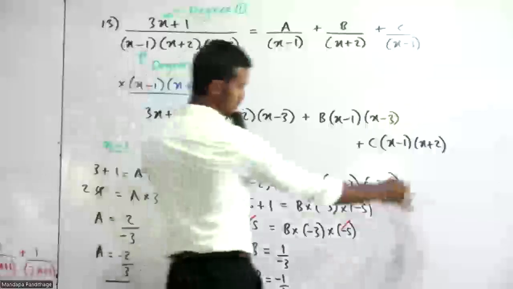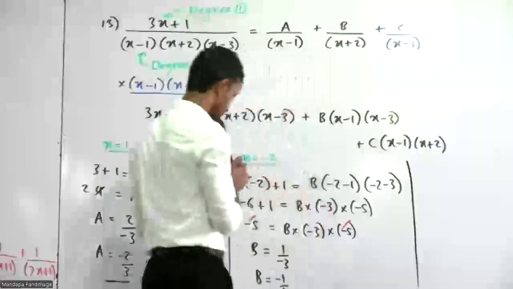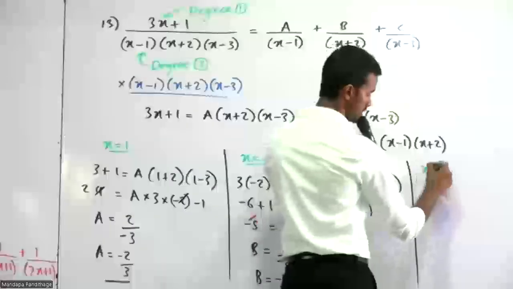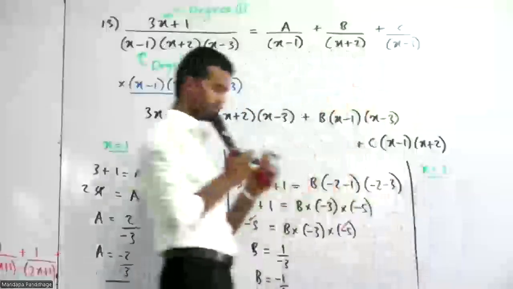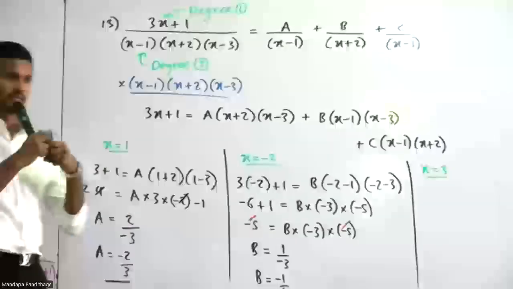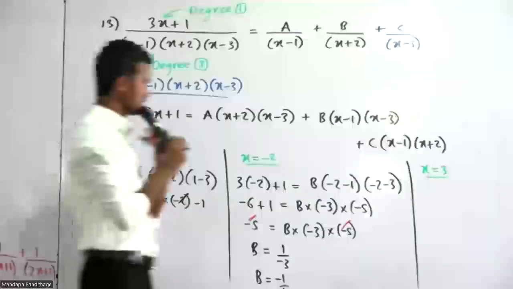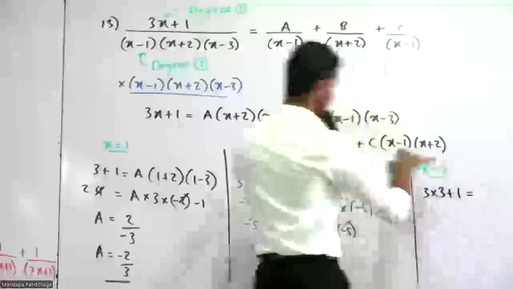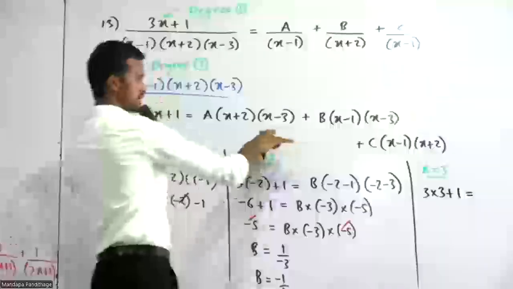The last one, put x equals 3. The other factor, put x equals 3. So when you put x equals 3, what happens? Here, 3 into 3. Here this factor is 0. This factor becomes 0.